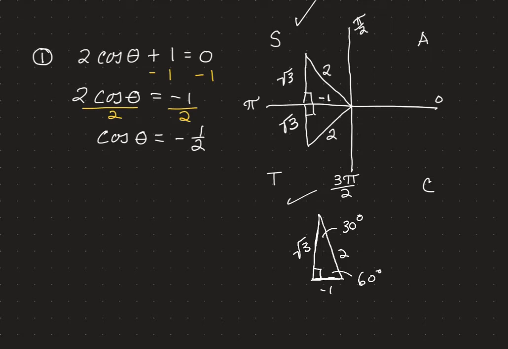But wait a minute, we were going to do this in radians, not in degrees. Well, pi divided by 6 radians is equal to 30 degrees, and pi divided by 3 is equal to 60 degrees. And you can check out those quick notes on how you could calculate that.